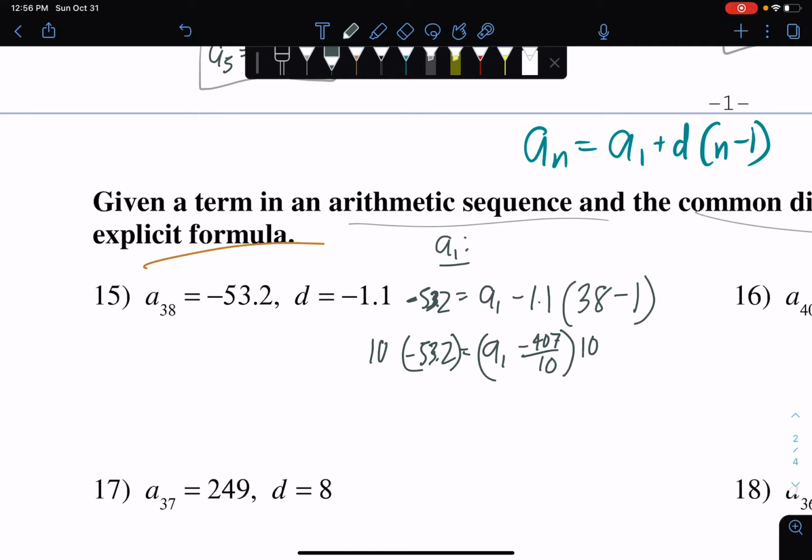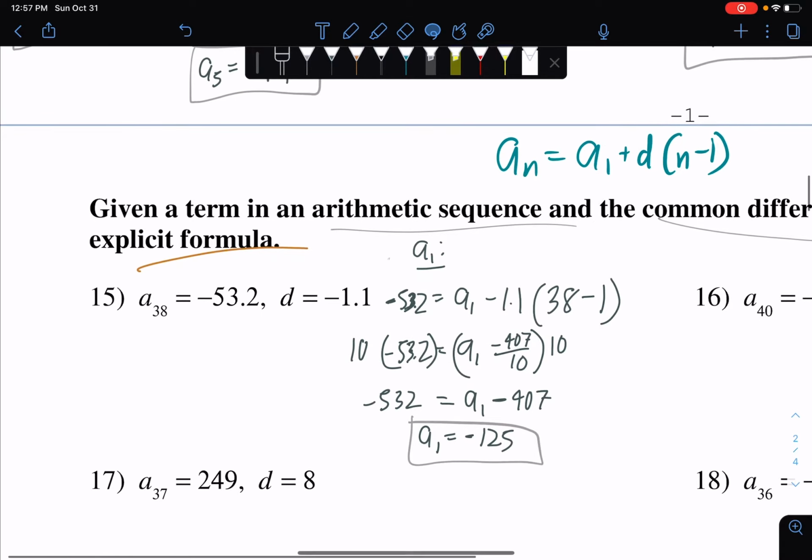So on the left side of the equation, 10 times negative 53.2, our answer is negative 532. Then the other side, a sub 1 minus 407. If we transpose 407 to the other side, negative 532 plus 407, our answer is negative 125. a sub 1 is equal to negative 125.